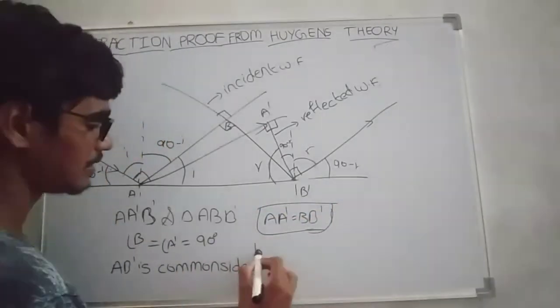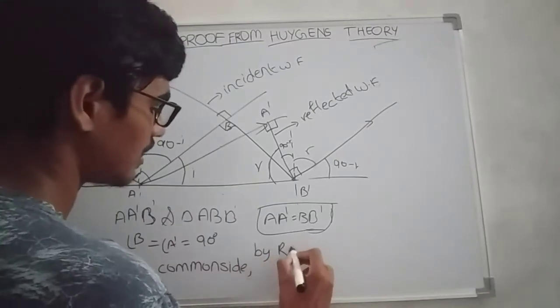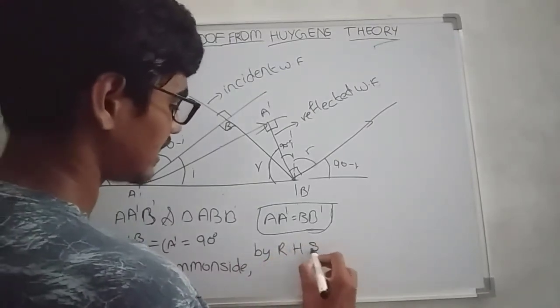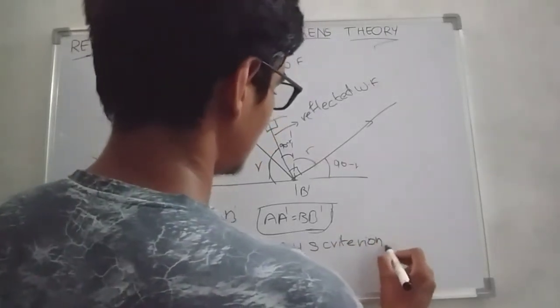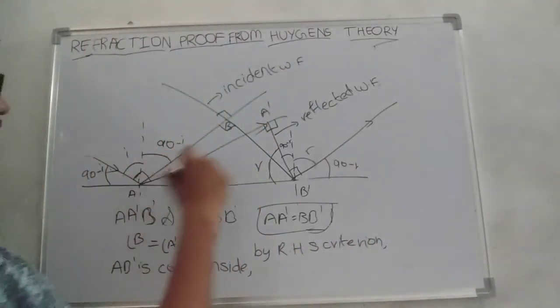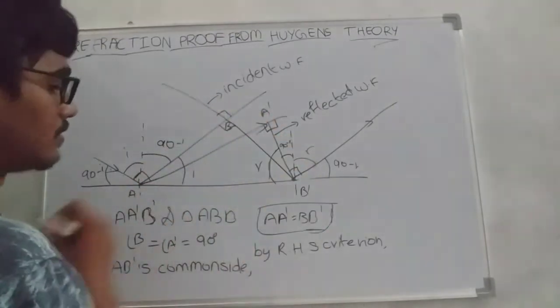So by the right angle hypotenuse side criterion, these two triangles are congruent.